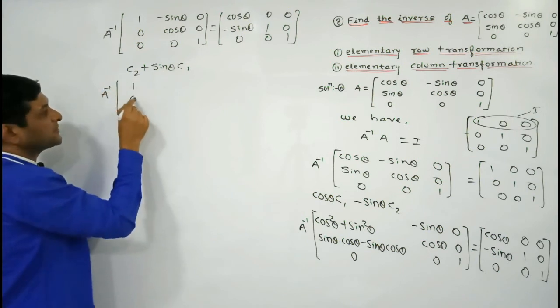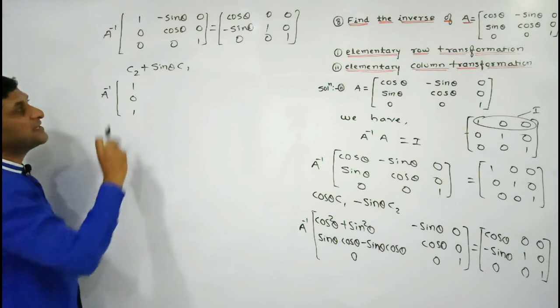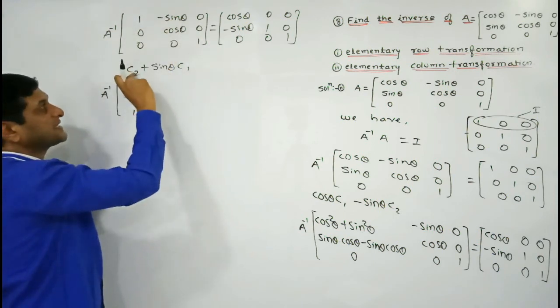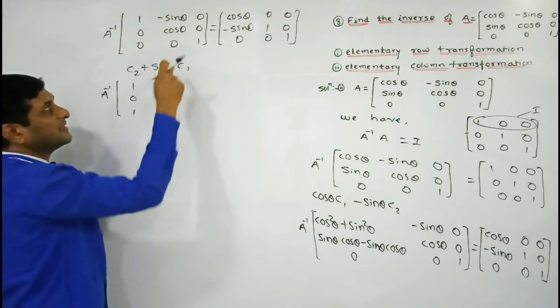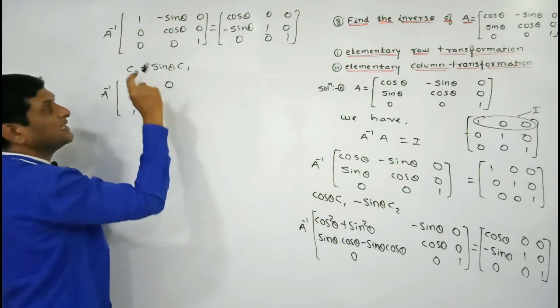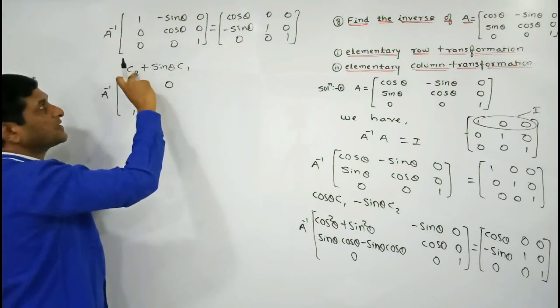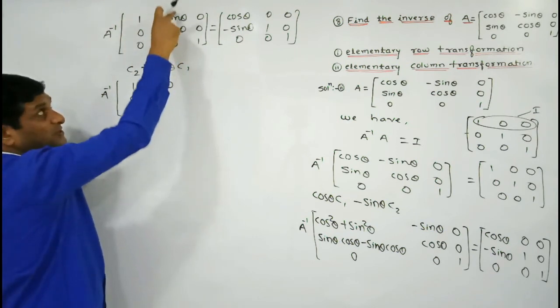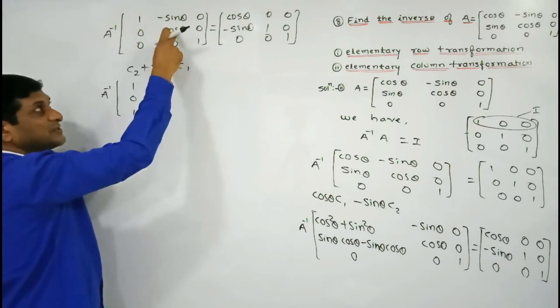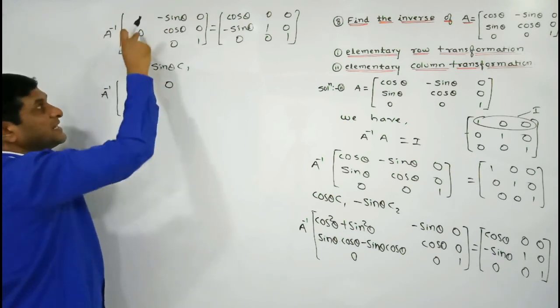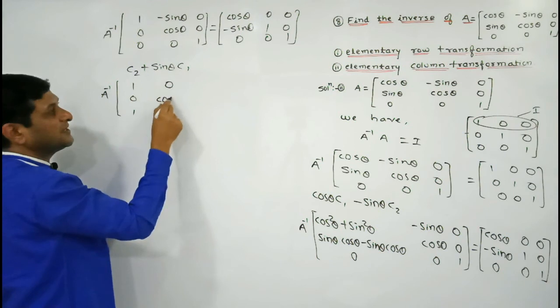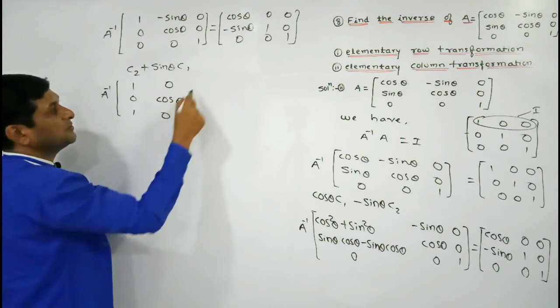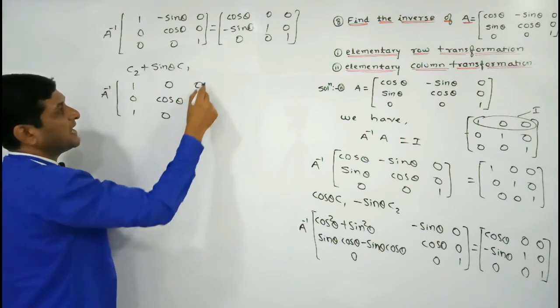Keep the element of C1 as it is. Here C2 means minus sin theta and C1 means 1, so we get 0. Again C2 means cos and C1 means 0, so we get cos theta. Keep 0, 0, 0, 1 as it is.